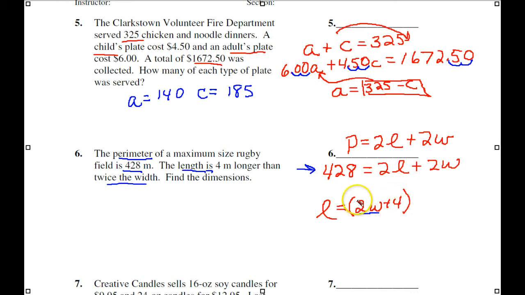And keep that in a parenthesis because that's a sum. That's what L is. So now you're going to take this and put it where L is. So then you go 2 times this, which is now in terms of W, plus the 2W equals that, and that's how you get your W. Then you plug in your W into either of these equations, and then you find the length.